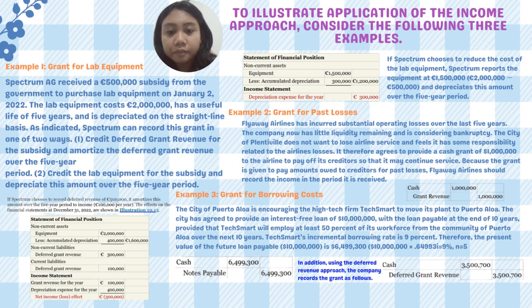And then if Spectrum chooses to reduce the cost of the lab equipment, Spectrum reports the equipment at 1.5 million, and why is it 1.5 million? Because 2 million minus 500,000, and depreciate this amount over the 5-year period.